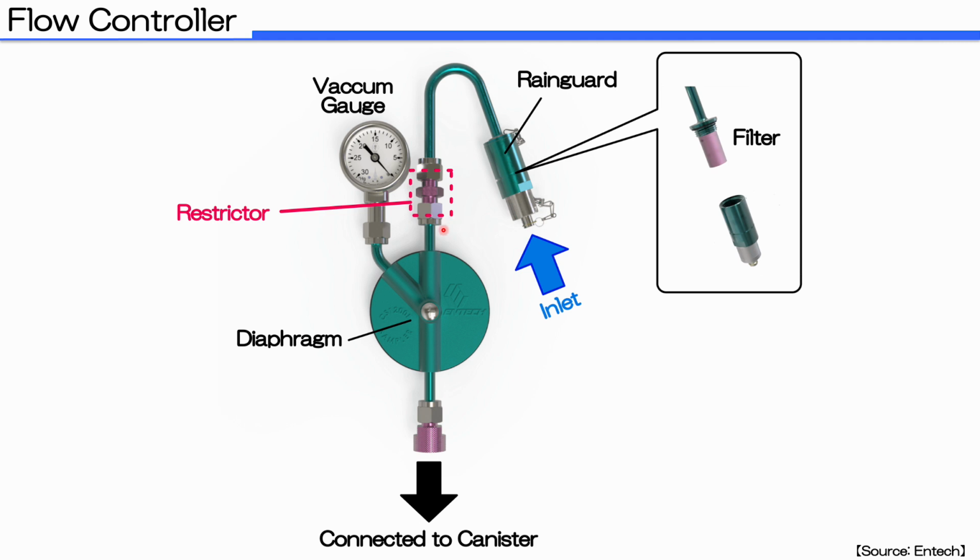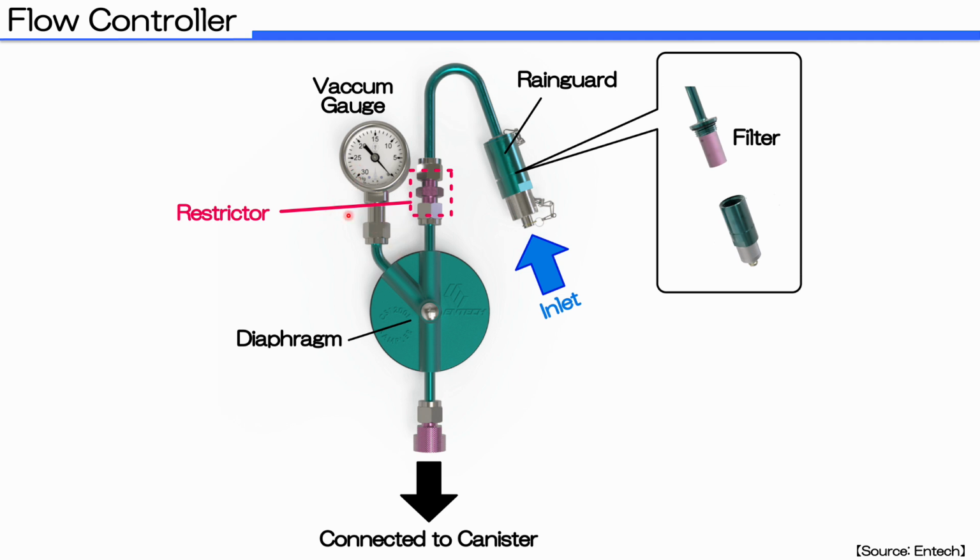And the red character part, the restrictor, is an important part that coarsely controls the flow rate, and I will explain about this restrictor in the next slide.